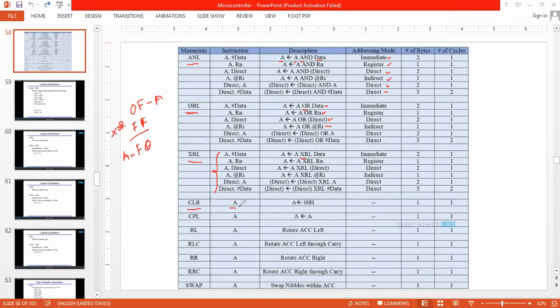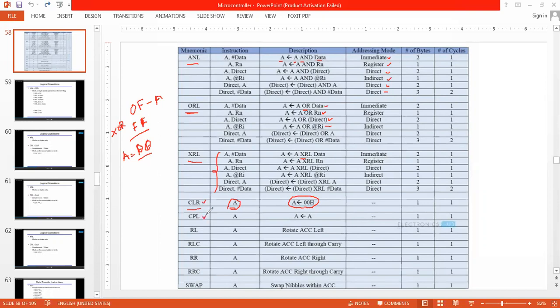Whatever the data is inside A, that is going to be made 0. That complete byte is going to be made 0. Now A is having F0. If I say clear A, then what will happen? A will become 00H. Okay, so that is the clear instruction.